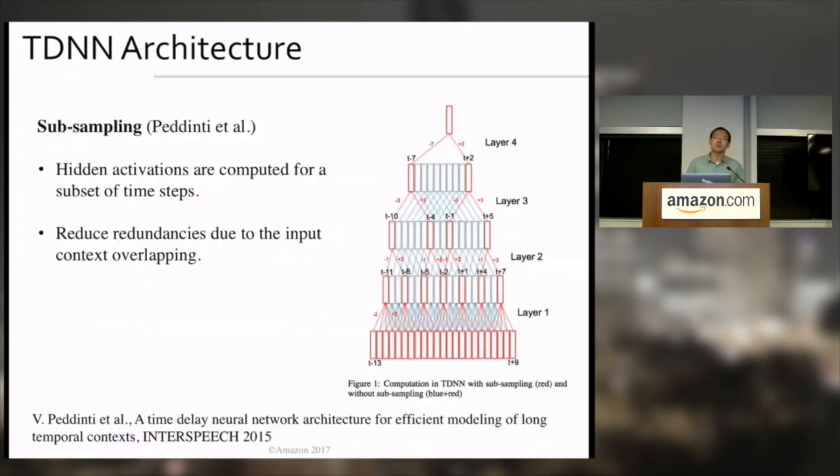For example, this slide shows a typical TDNN architecture. We took this picture from another earlier published paper from an academic speech research team. Here we can see the bottom part is for the input acoustic features for each frame. Here we take 13 frames in the past and 9 frames in the future. As we can see, in the first hidden layer they use only 5 contexts as input, different from the DNN, which would use the whole context window as input.